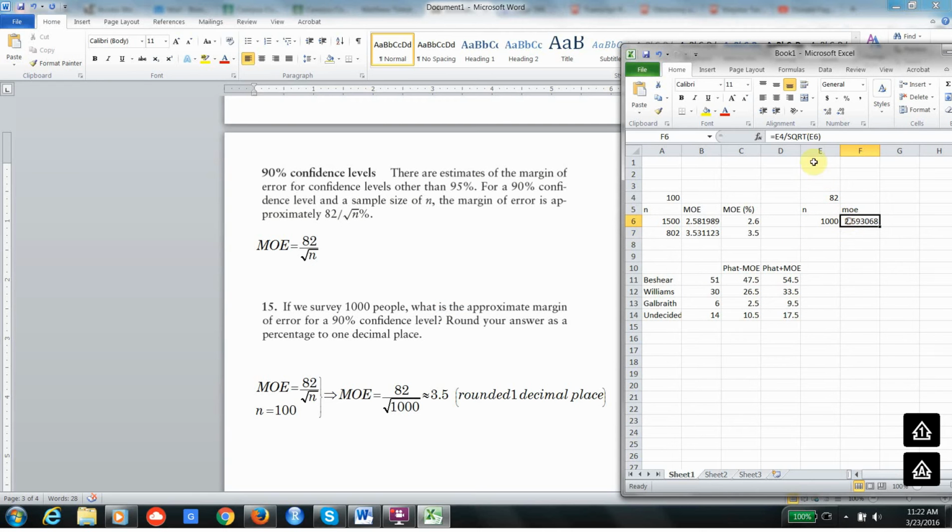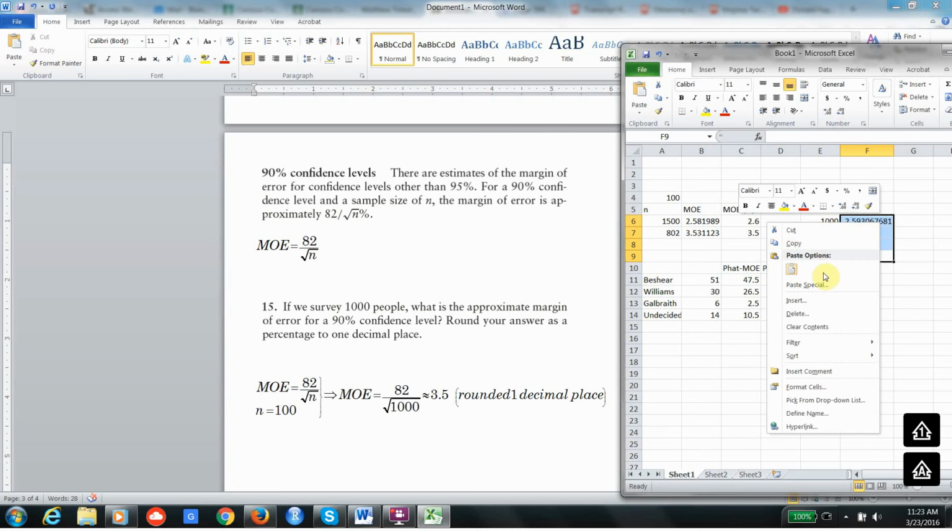I'm going to do this calculation more than once, so I'm going to anchor this value. Okay, there we go. And I'm going to round these off to just one decimal place.